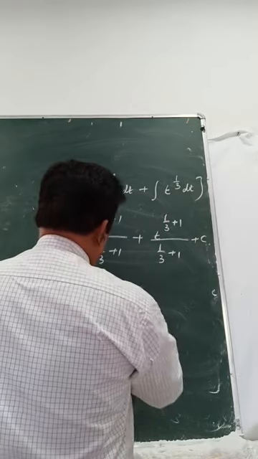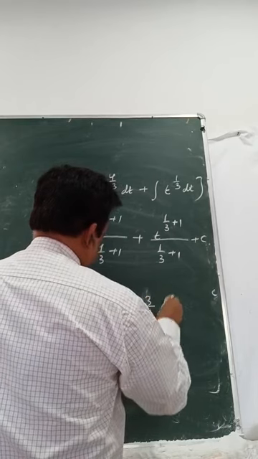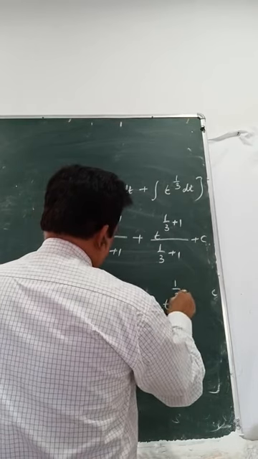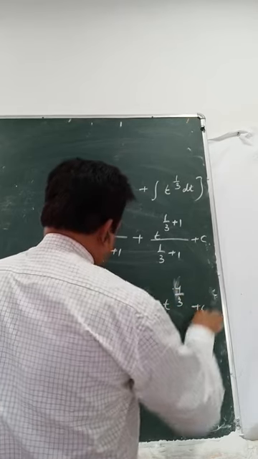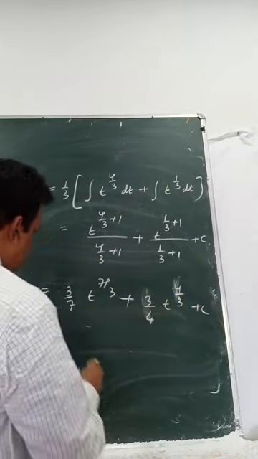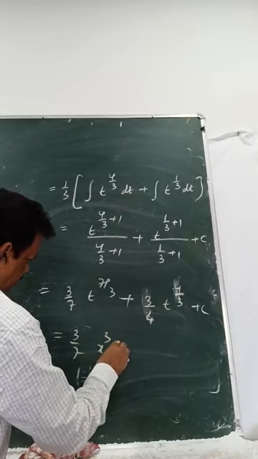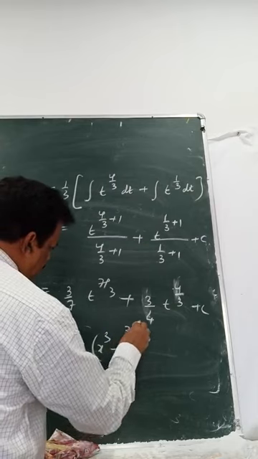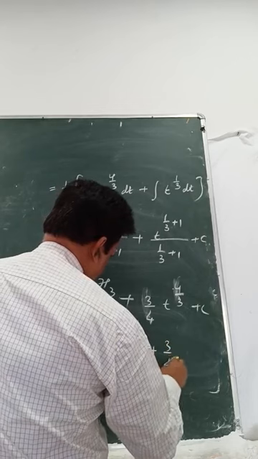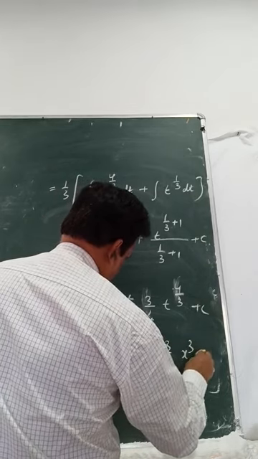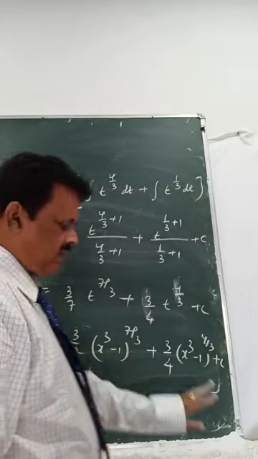This is 4 by 3. 4 by 3 will be 3 by 4, t to the power 4 by 3. That's a constant. Now back to your t. What is t? x cube minus 1. This is your answer, doesn't matter.